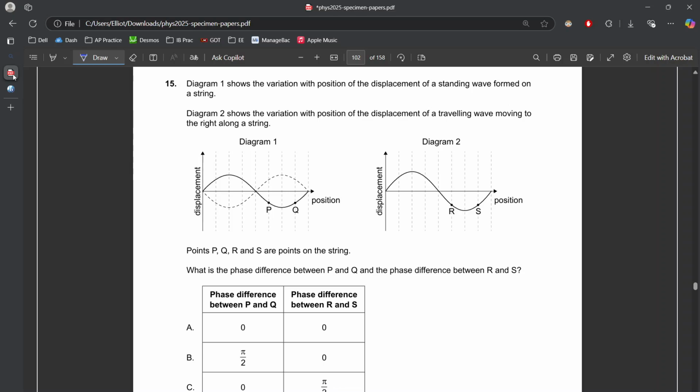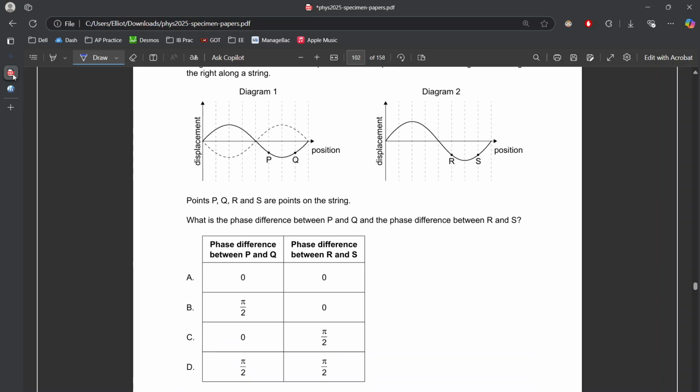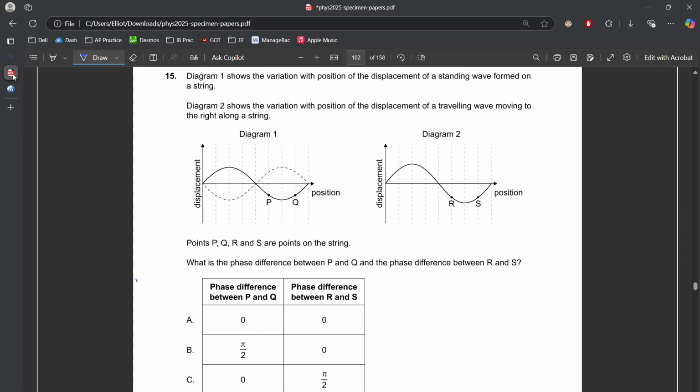Oh man, I hate these graphs. Diagram 1 shows a variation of the displacement of the wave moving along. So this is just saying it's a string that's vibrating up and down like this.